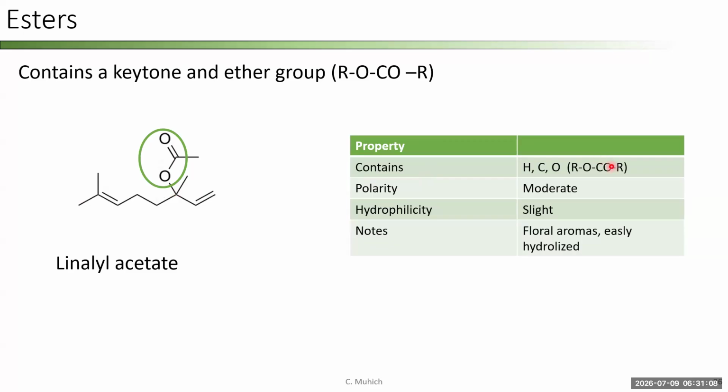So we have to have this R-C double bond O-R group. This is generally moderately polar and can dissolve relatively easily. These generally have strong floral aromas, but these bonding groups here are generally fragile, and so we can end up getting breakages at this juncture or this juncture. And this is an example, linalyl acetate.